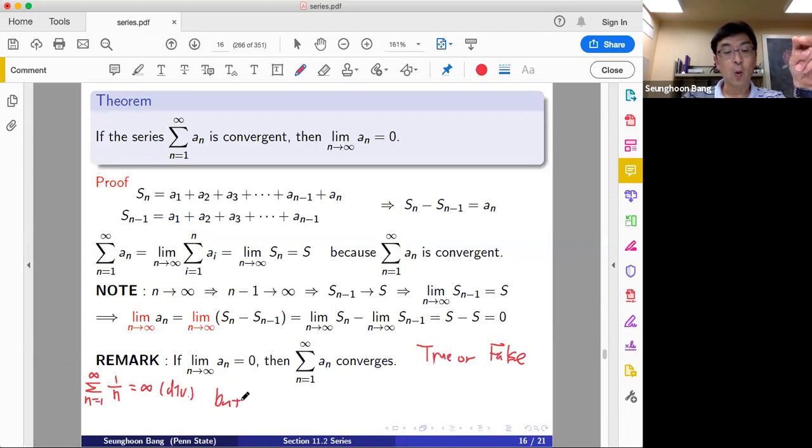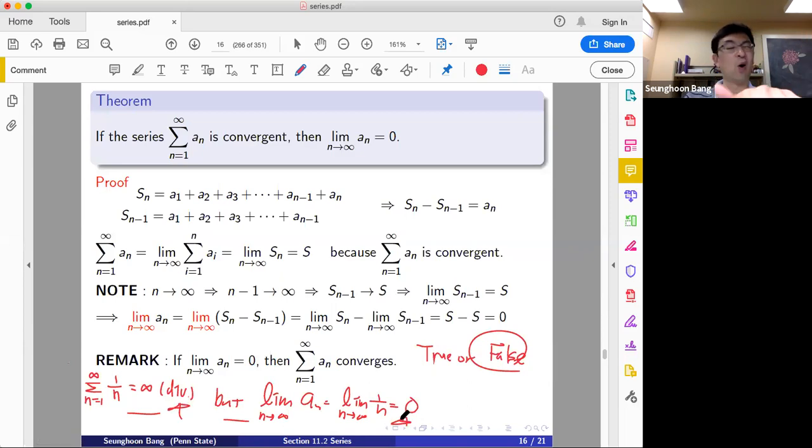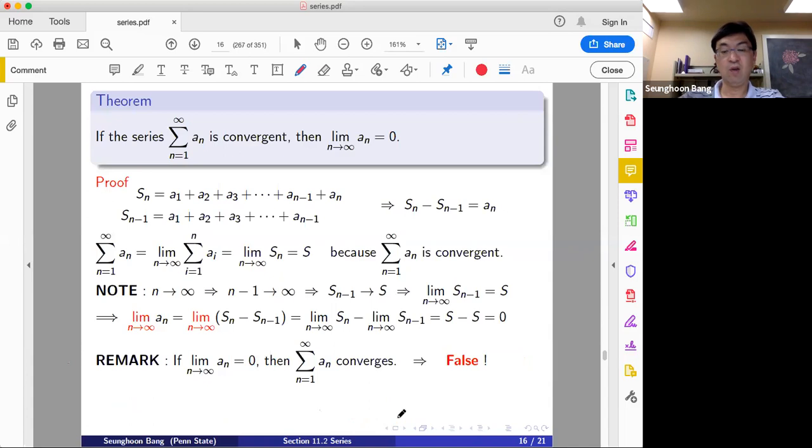But what is the limit of a_n? The limit as n approaches infinity of a_n is 1 over n, going to what? 0. So what is the answer? This is an example: divergent, but the limit is going to 0. So this is not always true. This is a counterexample, the harmonic series, one good example.